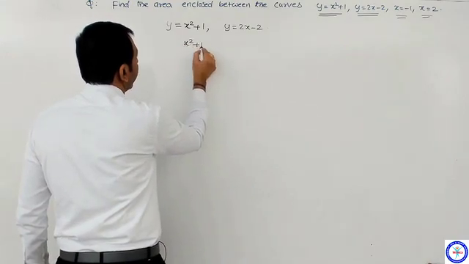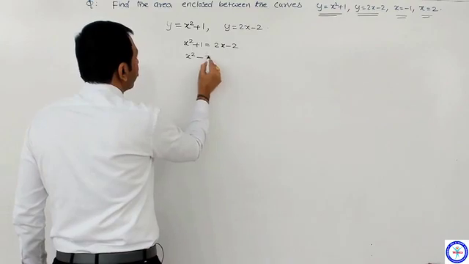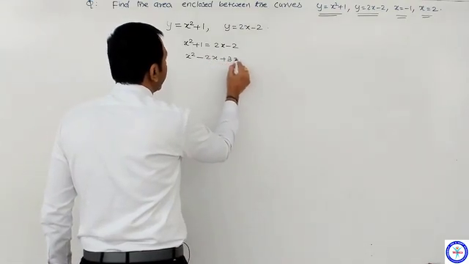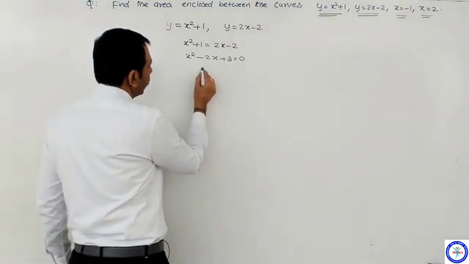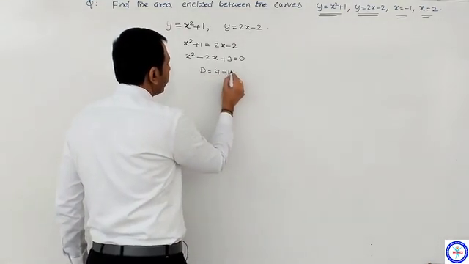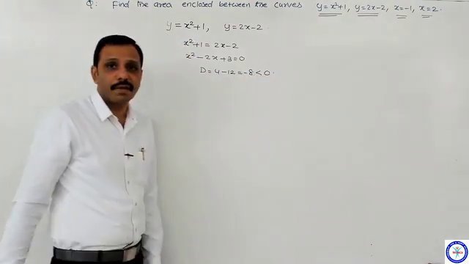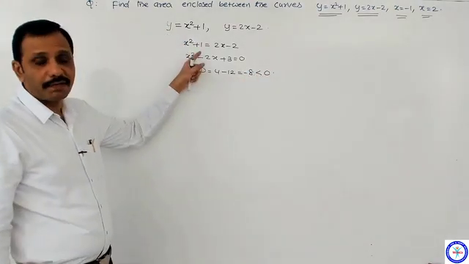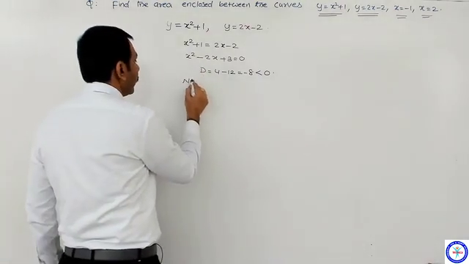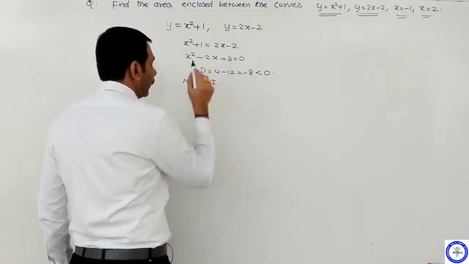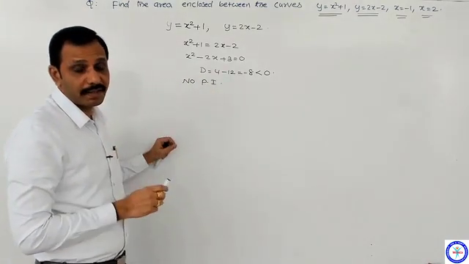Therefore, x square plus 1 equal to 2x minus 2, or x square minus 2x plus 3 equal to 0. What is the discriminant of this equation? B square minus 4ac is minus 8, which is less than 0. Therefore, there is no point of intersection for these two curves. That is, these two curves are not intersecting.